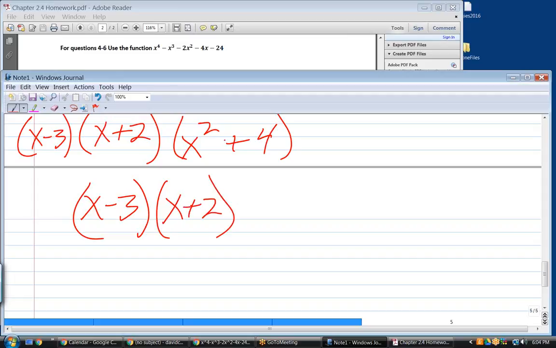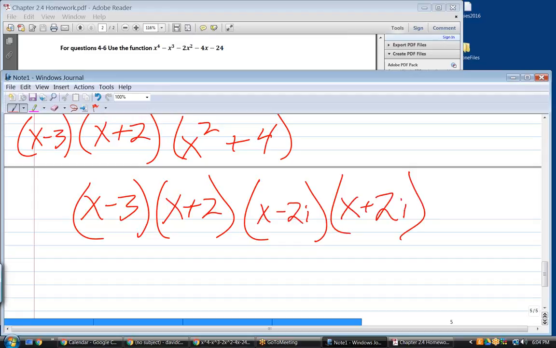In other words, that's not linear. That's quadratic, meaning there's an x squared term. Well, as we saw from Wolfram Alpha, it factors into x minus 2i and x plus 2i. Now I have the thing down to all four linear factors. Even though two of them are complex, that's what it asks for. This is the answer to the first question. This is the answer to the second question.